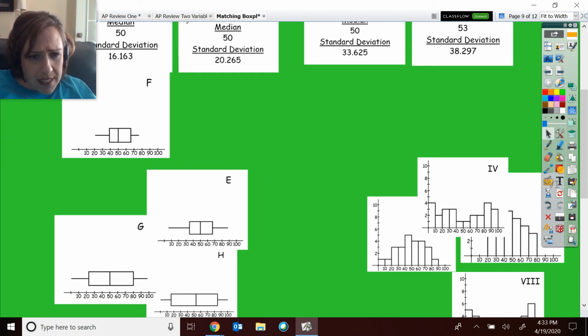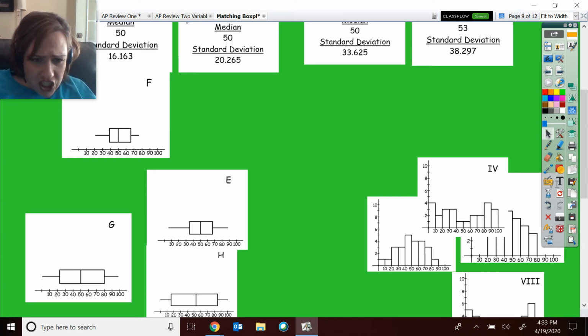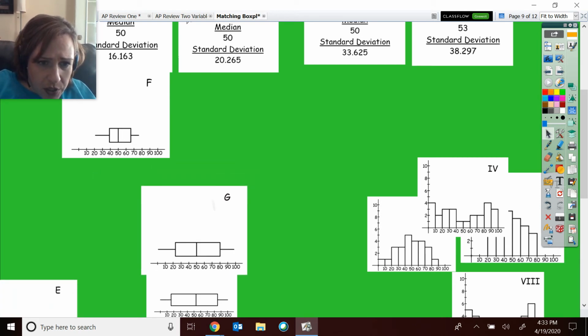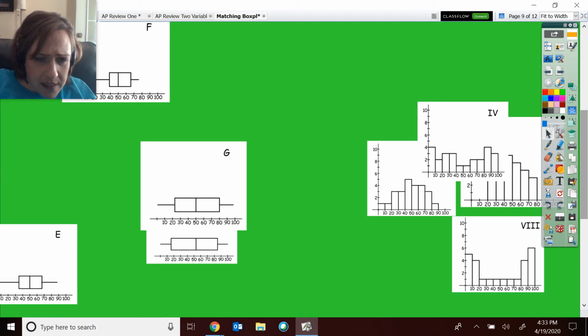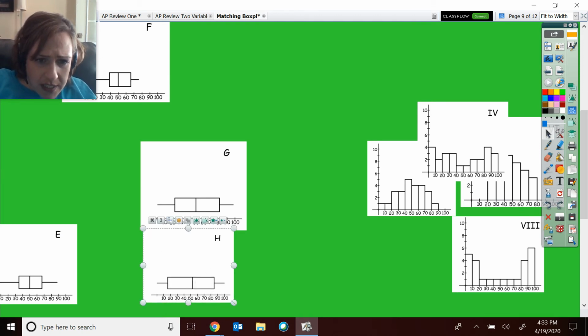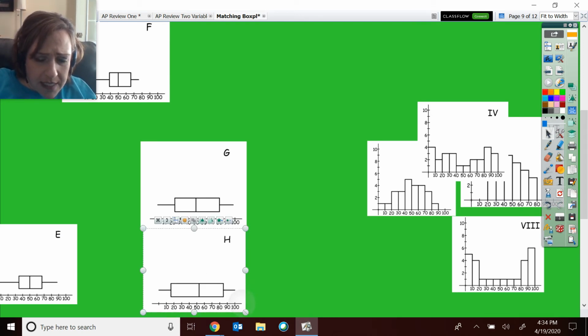To me, that looks like G. It's kind of hard to tell, so let me look at those a little closer here. If I'm comparing G and H, it's hard to tell because I have them as different sized. I think I'm actually going to say that H is more spread out.